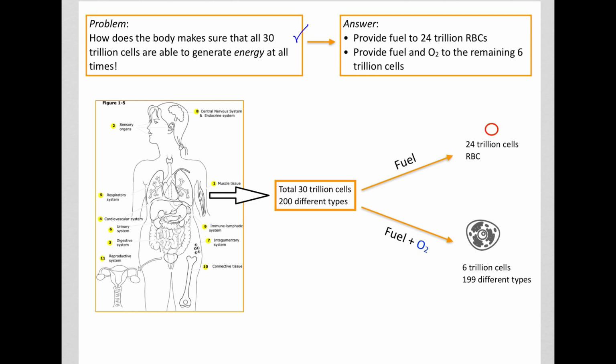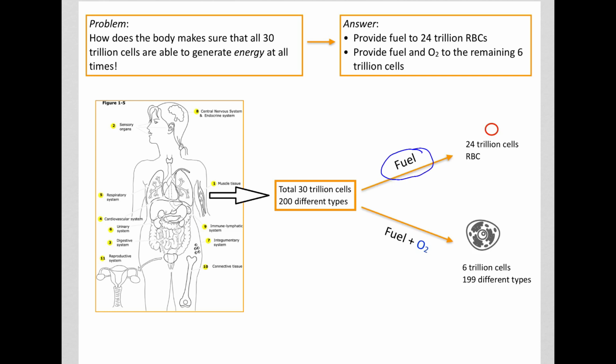The answer is the body makes certain that there is fuel provided to the 24 trillion red blood cells at all times, and there is fuel and oxygen provided to the remaining 6 trillion cells at all times. So this is what the body will have to do.